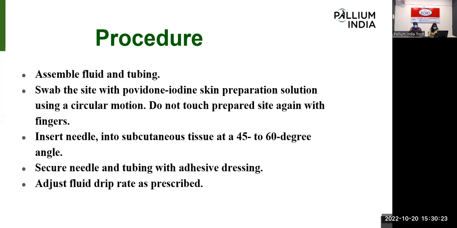Then, if we need to maintain the needle in that place for giving a continuous infusion, we can use a scalp vein set or SV set, or a butterfly cannula, a blue color butterfly cannula. In our practice and setting, we mainly use a blue color scalp vein set or SV set, butterfly cannula, for inserting as a needle in that area.